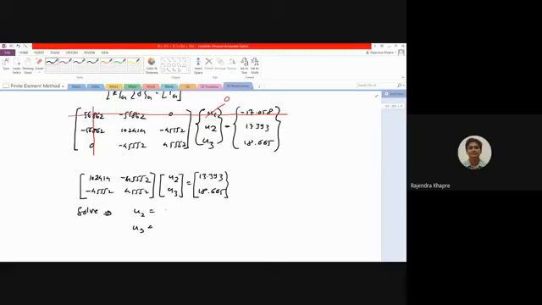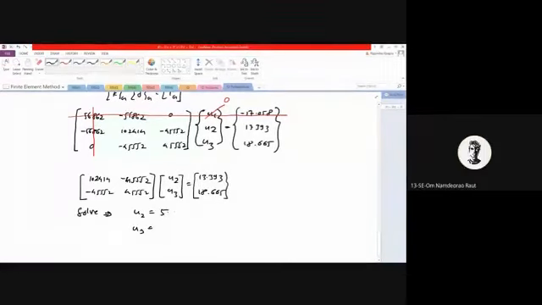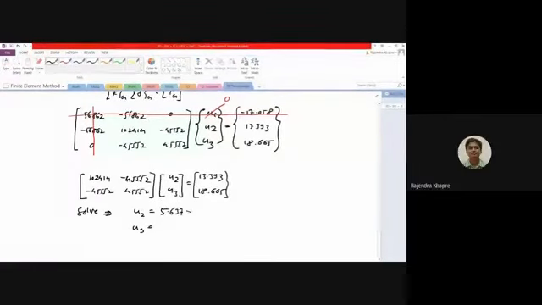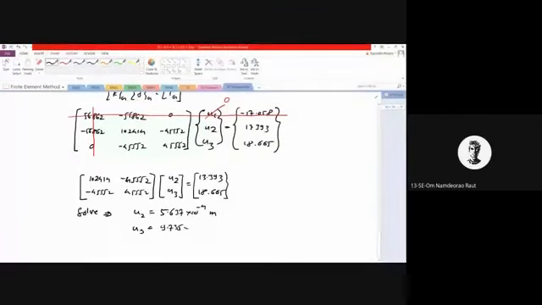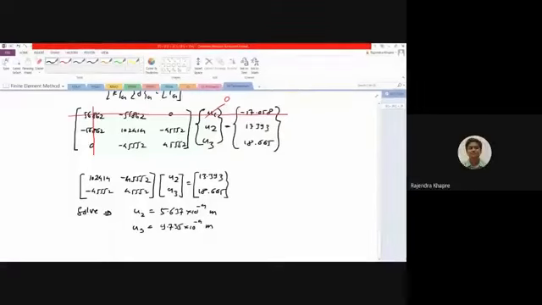Please let me know the values. U2 is 5.637 into 10 raised to power minus 4. This will be in meters. And how about U3? 9.735 into 10 raised to power minus 4. This will also be in meters.